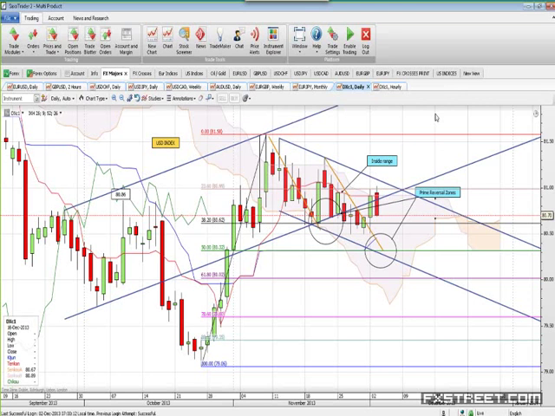So it's very hard to pitch a long-term view in the dollar at the moment. It's mixed.